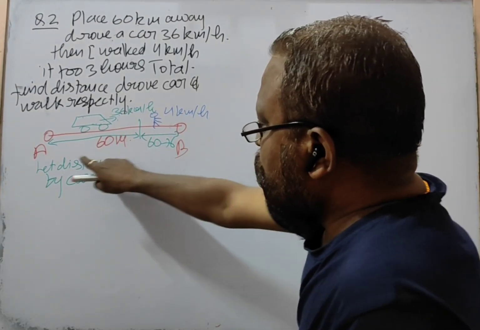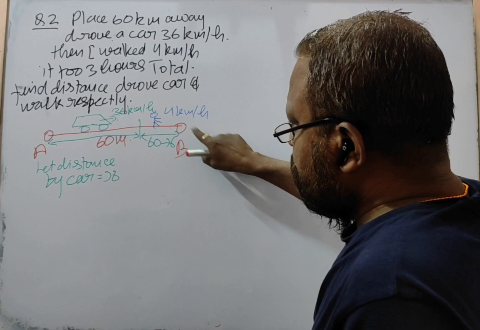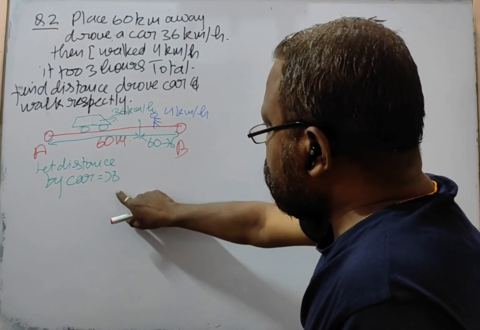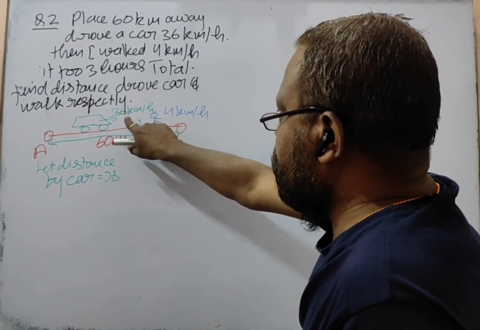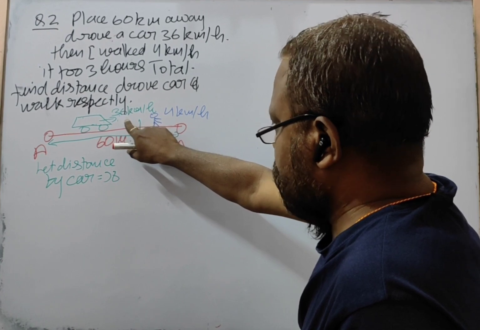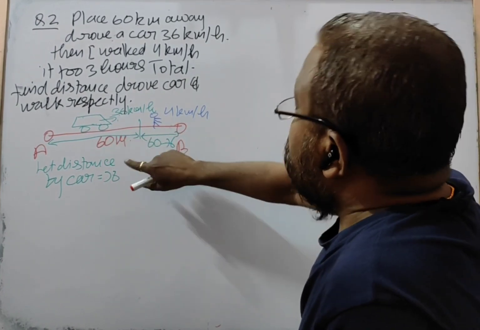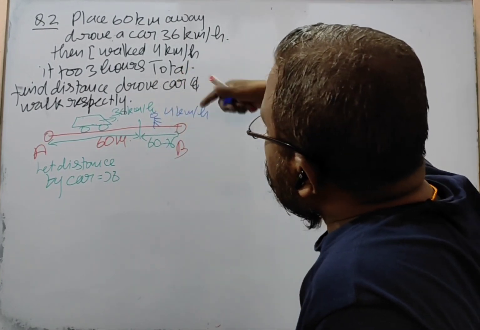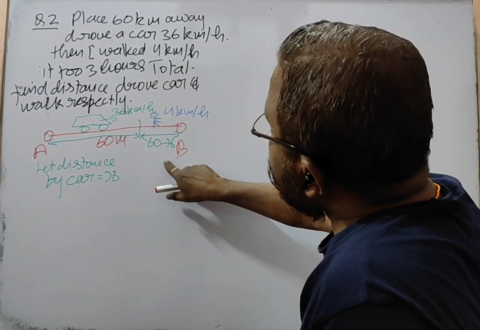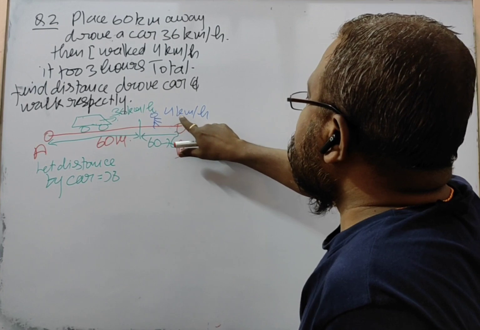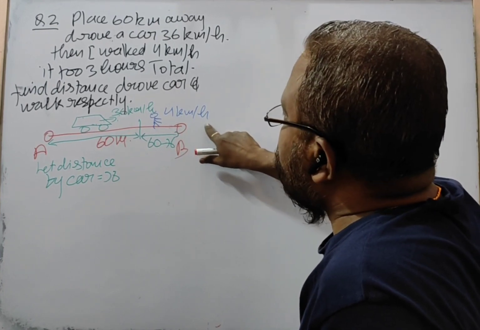Total distance is 60 kilometers. X kilometers traveled with the speed of 36 kilometer per hour, right? And after that, 60 minus X kilometers traveled with the speed of 4 kilometer per hour, right?